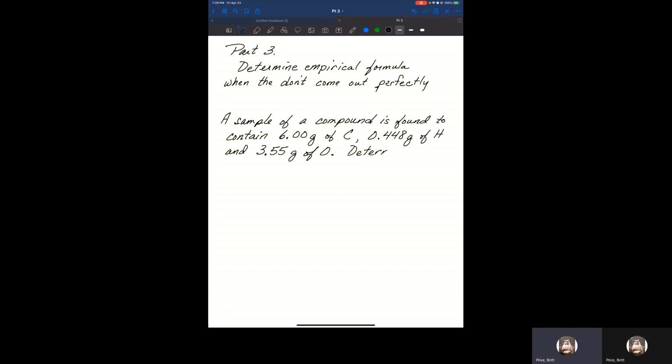Determine the empirical formula for the compound.